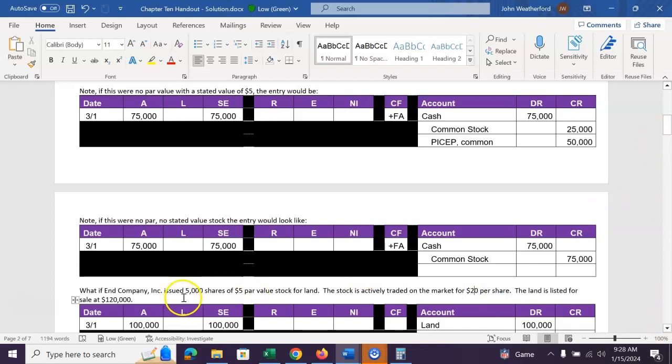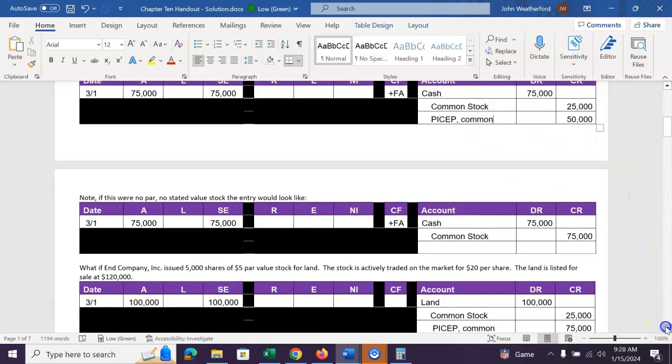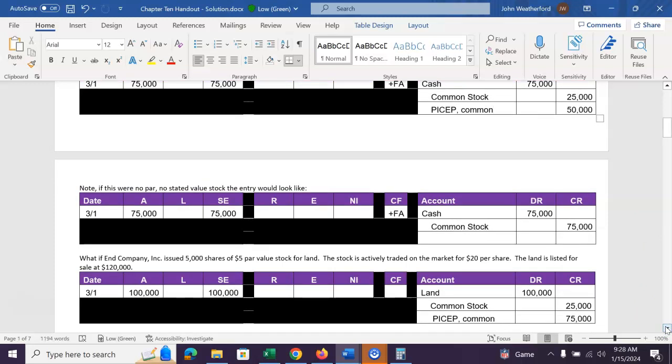Now the common stock is still going to go on the books at its par value, $5 per share times the 5,000 shares. So we'll credit common stock for $25,000. And then this account, paid in capital in excess of par common stock, gets credited for the difference, $75,000.